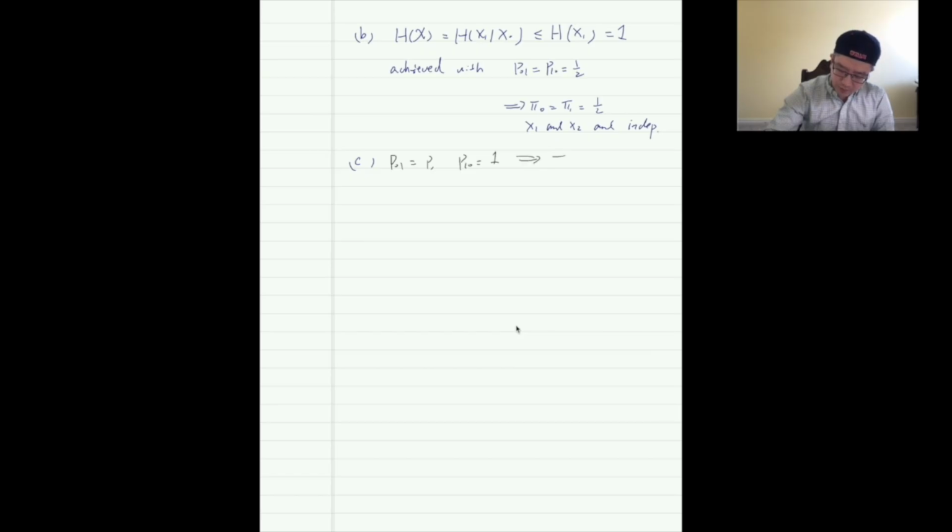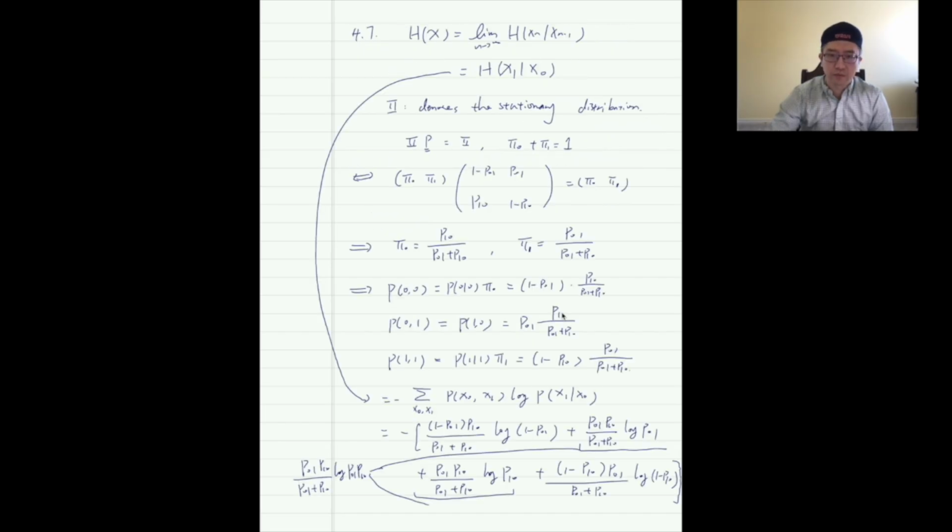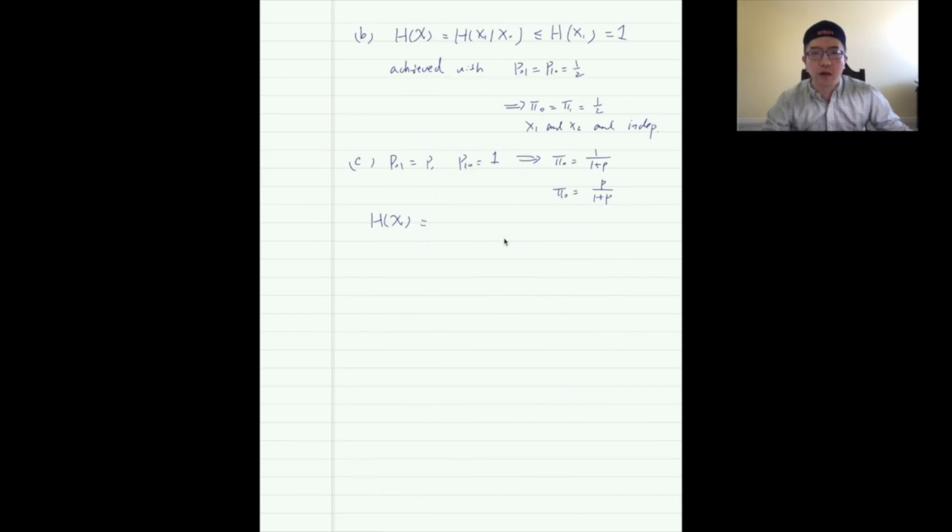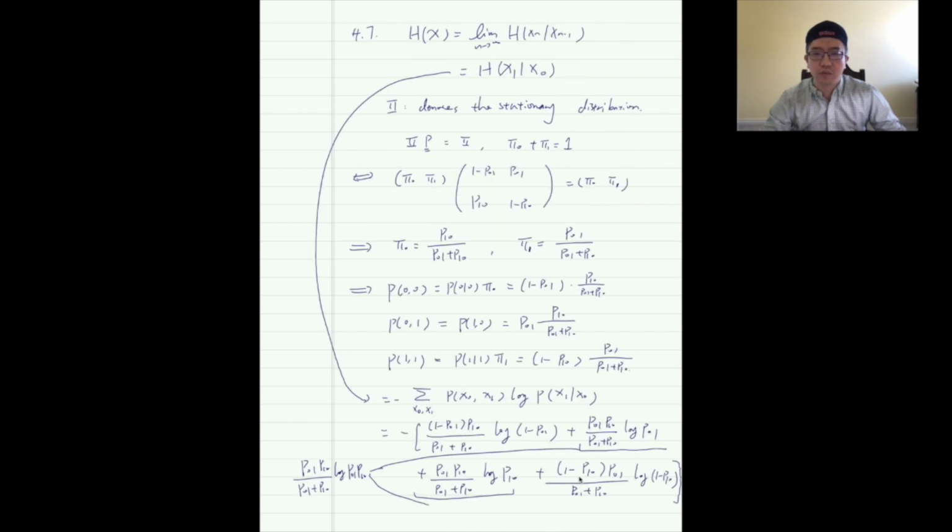From here we can get pi 0 is 1 over 1 plus P, and pi 1 is P over 1 plus P. Given that, we just use the formula that we computed in part A. If P10 equals 1, then two of the terms disappear, and we only have the first two terms left.